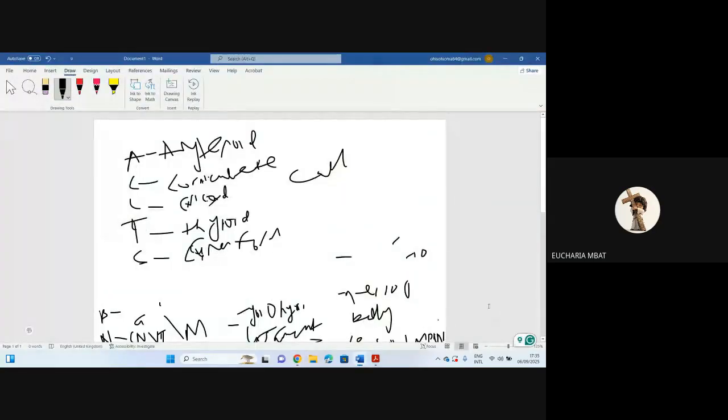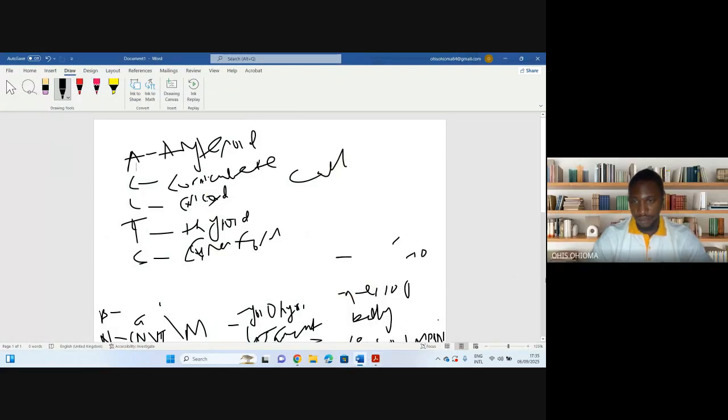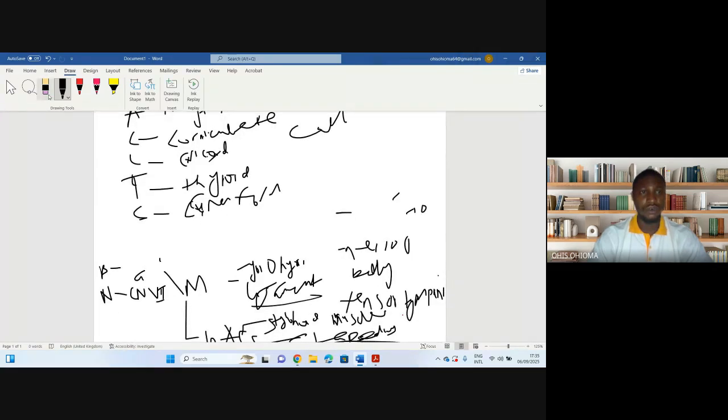Doc, could you please go through the blood supply and nerve of the first arch again? Yeah, so let me go up. The nerve supply to the first pharyngeal arch basically is the trigeminal nerve, so it's cranial nerve 5.